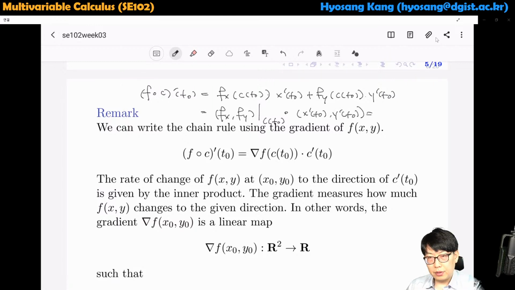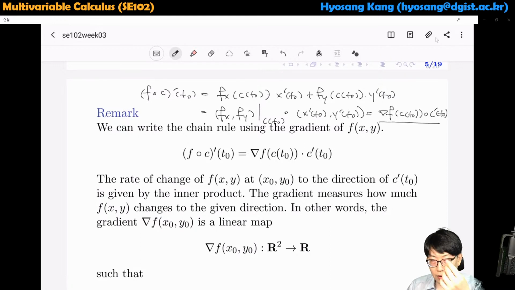In other words, if you have a parametric curve, the velocity vector is the vector whose components are the derivatives of each component function. So the second part of the dot product is c'(t), and the first part is the gradient of function f at c(t0).